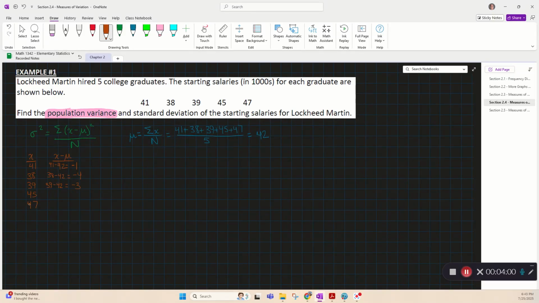And then I keep going. So 45 minus 42 is positive 3. 47 minus 42 is 5.